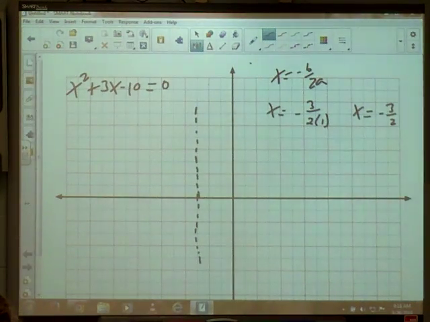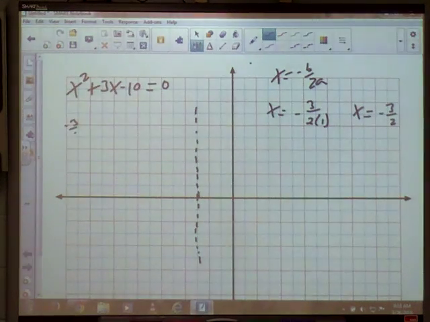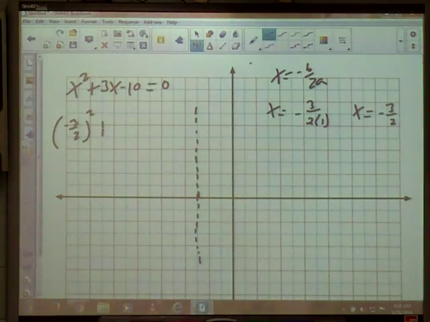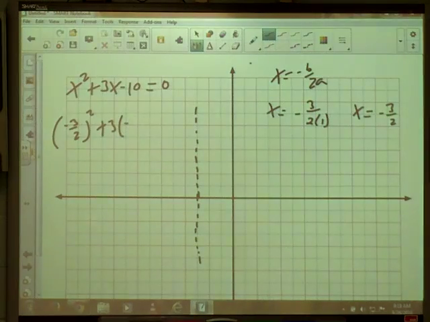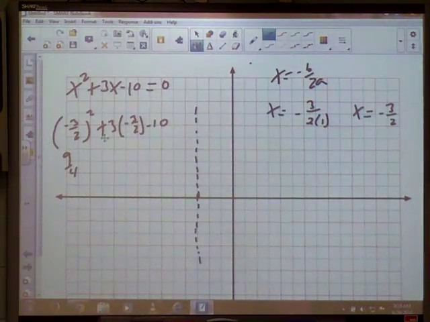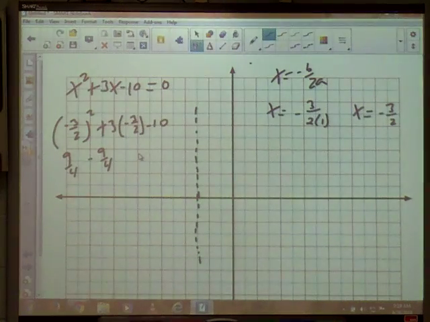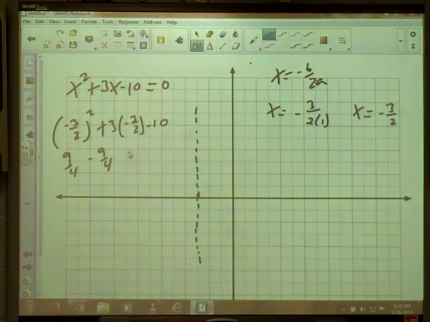The y part. Plug that back in. So I'm going to have negative 3/2 squared plus 3 times negative 3/2 minus 10. That's 9/4. I like this. Minus 9/4. Right? Everybody see that? Y'all okay?